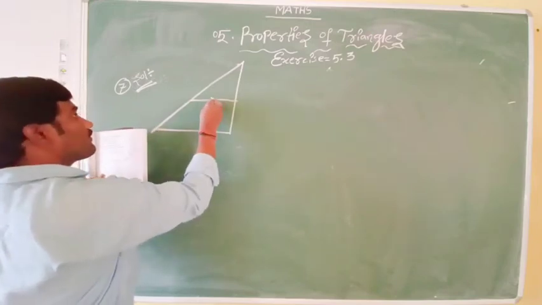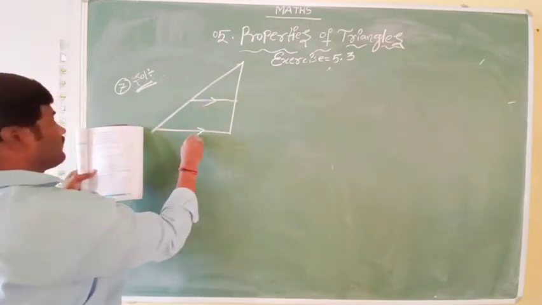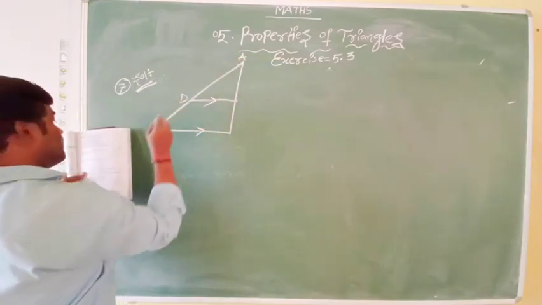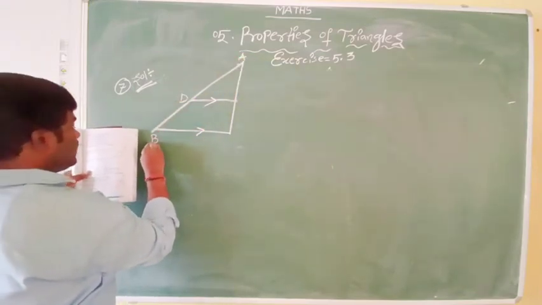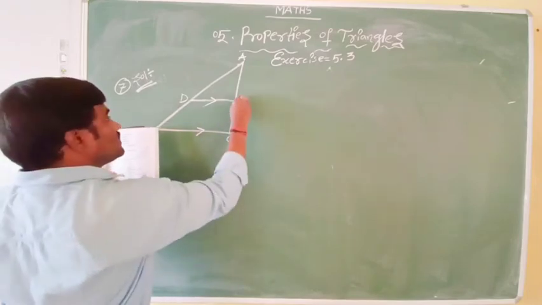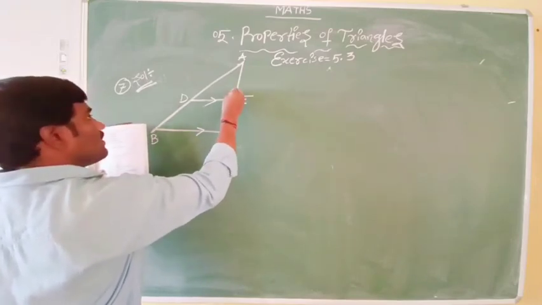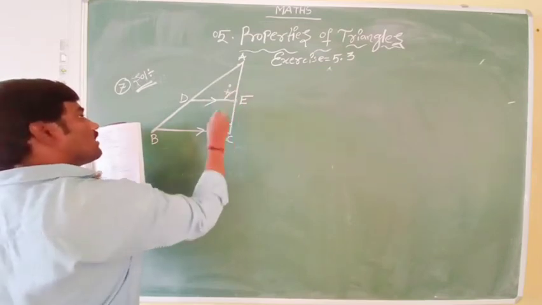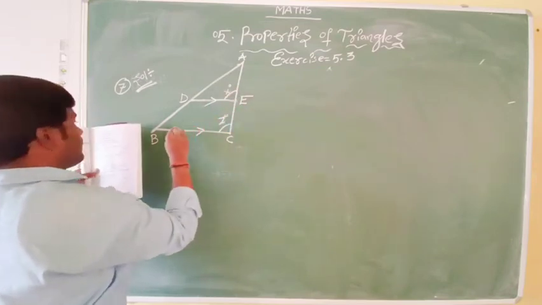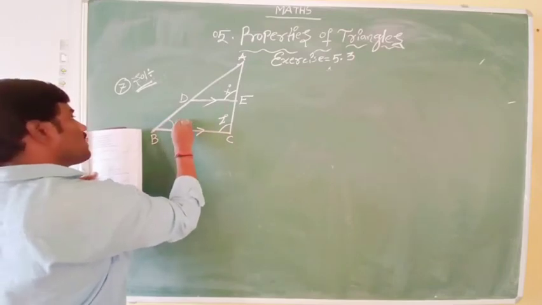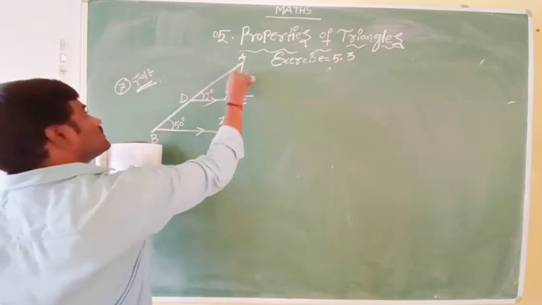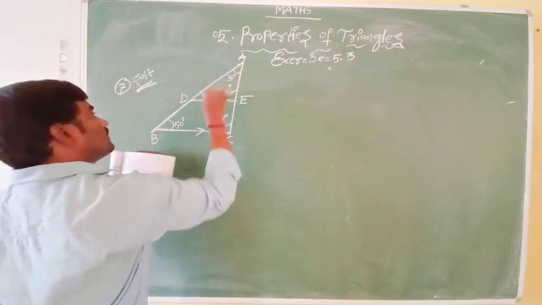Here we have points A, D, B, C and E, with X and Z, 50 degrees, Y and 30 degrees.